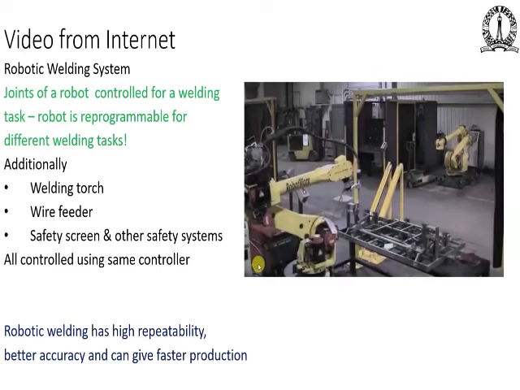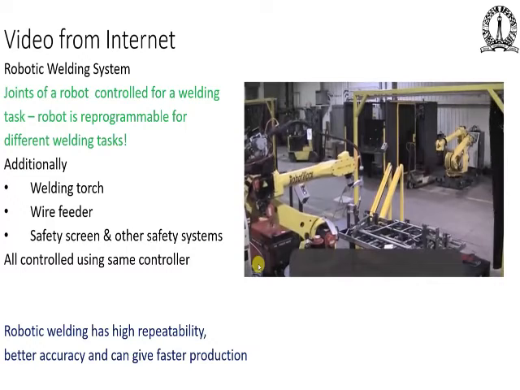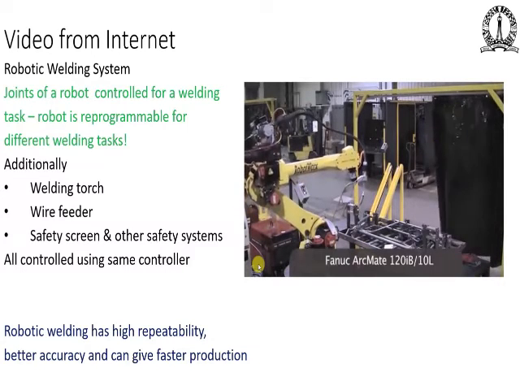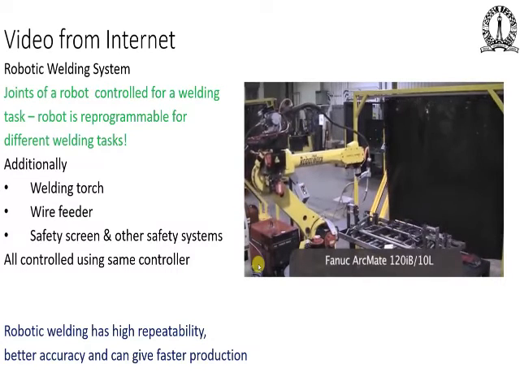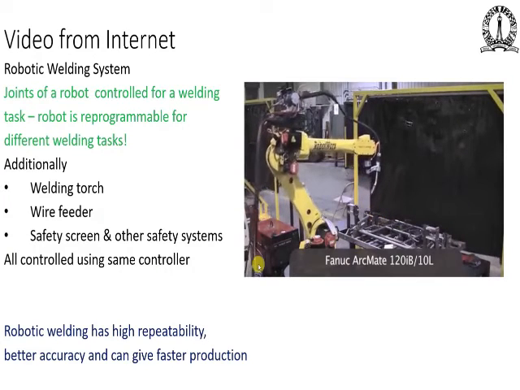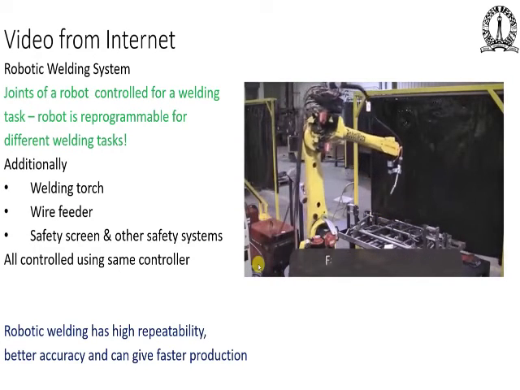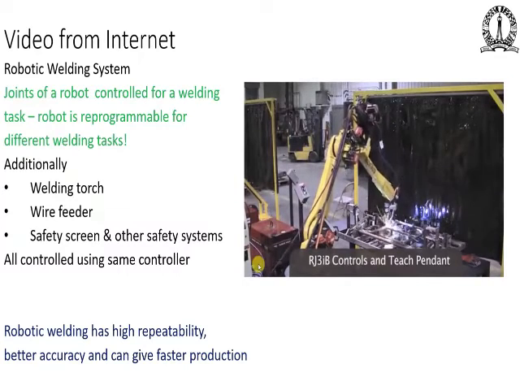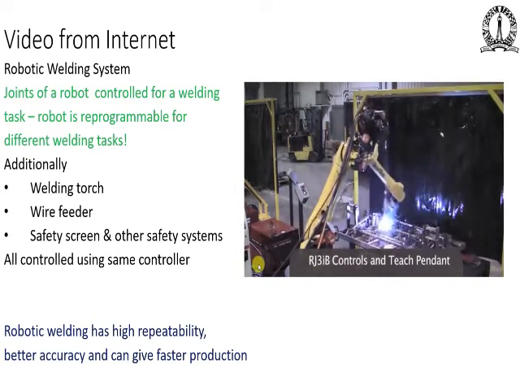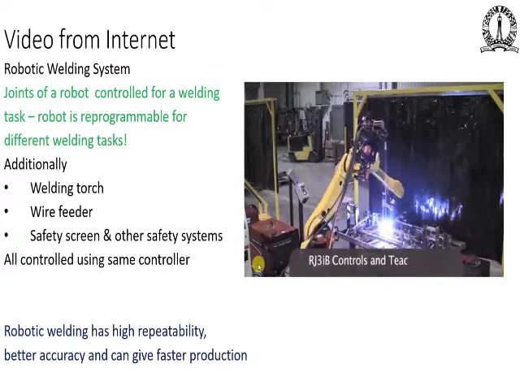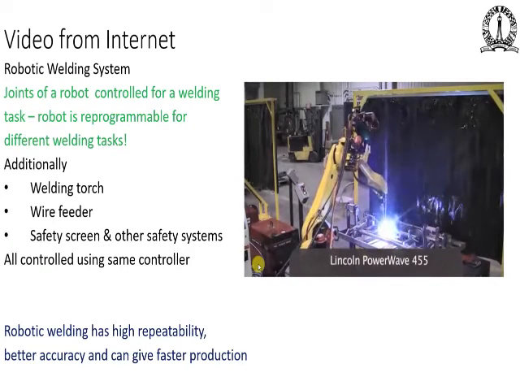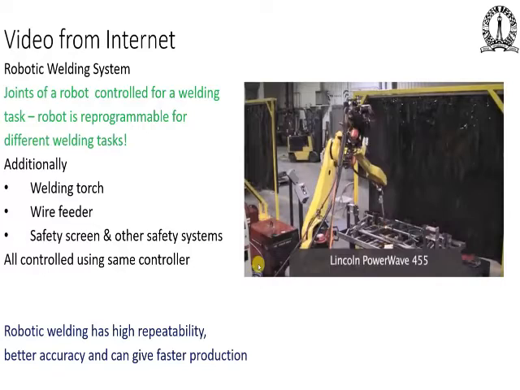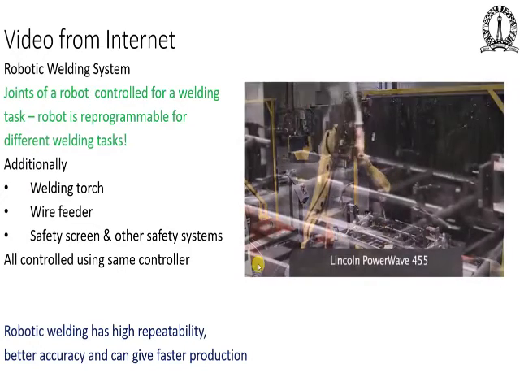What you can see is a robot manufactured by Fanuc. It is very well known. It can do arc welding. The joints of this robot are controlled for welding tasks, and clearly the robot can be reprogrammed for different welding tasks. This welding is very common in the automobile industry, where you want to weld certain automobile components.